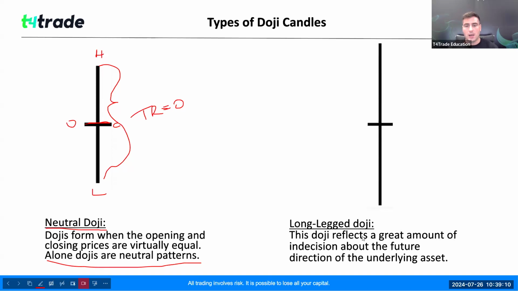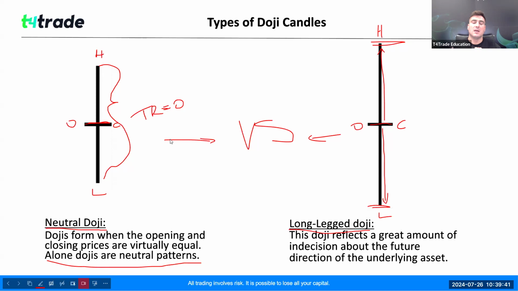So the other example is what we call the long-legged doji. Okay, so again, same thing, a doji, but it has a higher high and a lower low, obviously, when you compare that with this. Okay, again, same thing, open, close, high, low, but this wick and shadow is much larger than this one.